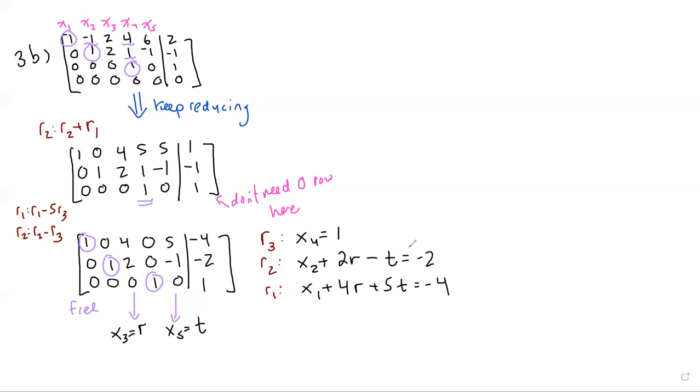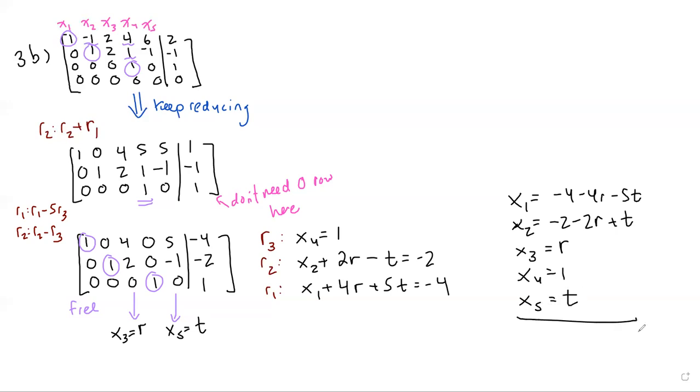I'm just going to go around and isolate the x1, x2 and write them out in a nice order. x1 is -4 minus 4r minus 5t. x2 is -2 minus 2r plus t. x3 is the parameter r. x4 is 1. And x5 is the parameter t. And that's our solution set.